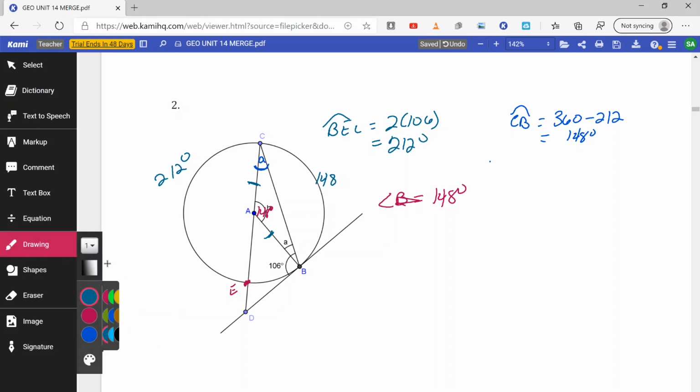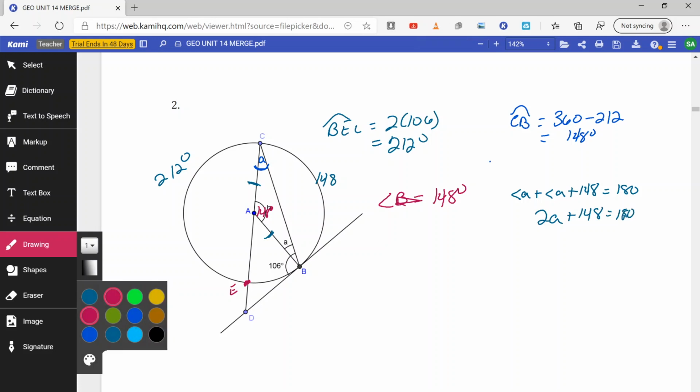Now here I have two A's and 148. I know for a fact that triangles add up to 180 degrees. So angle A plus angle A plus 148 gives me 180 degrees. I'm going to subtract 148 from both sides.